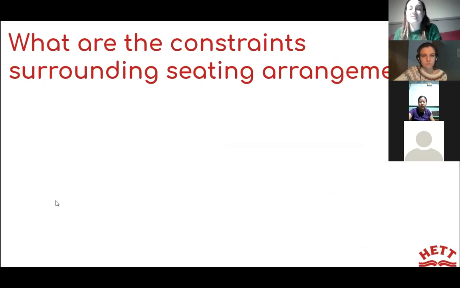So how is that a constraint? Yeah, so the fixed row seat setting. What else? Can you think of anything else?